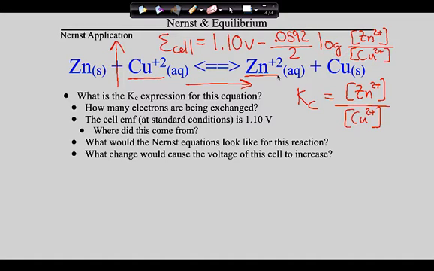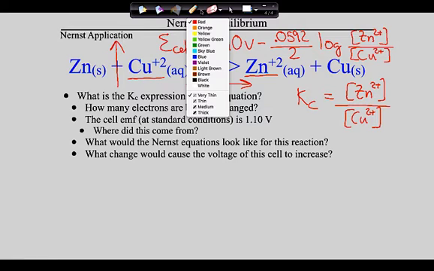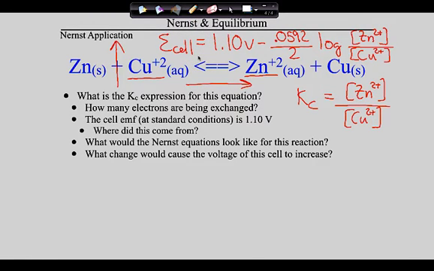Does that also make sense? Now let's do it a third way. Look at the math. We have established that adding copper ion makes the voltage go up, right? How does that work mathematically? So copper goes up. If copper goes up, what happens to the value of this? Becomes smaller.